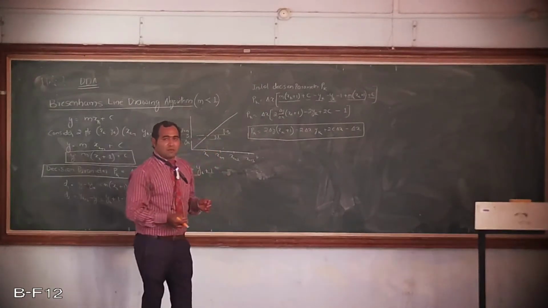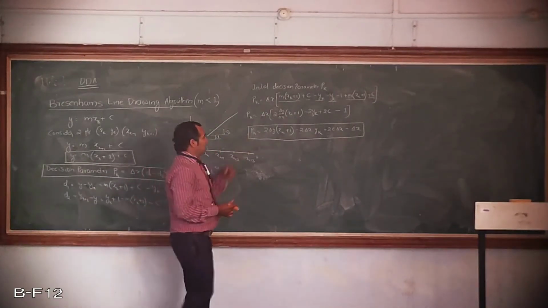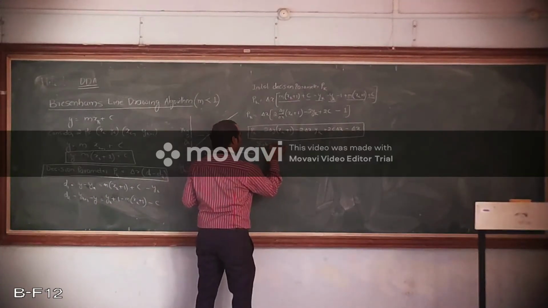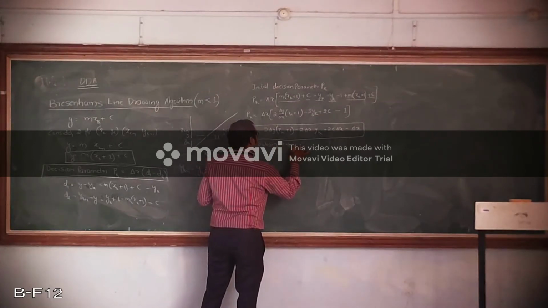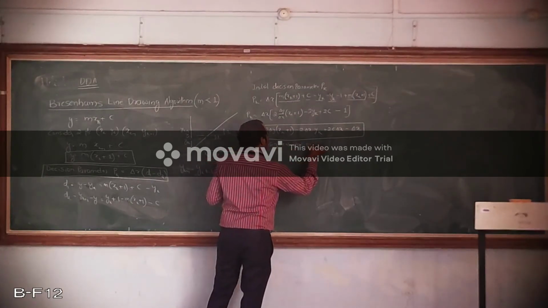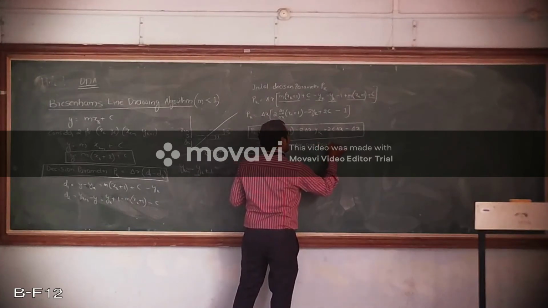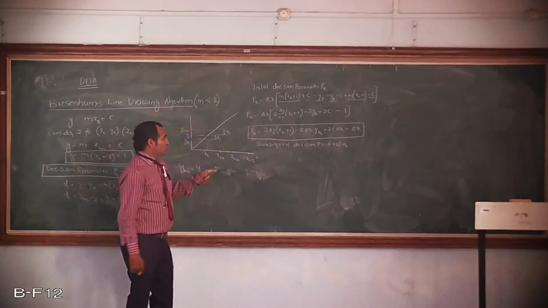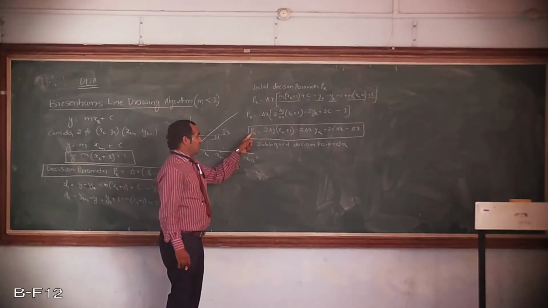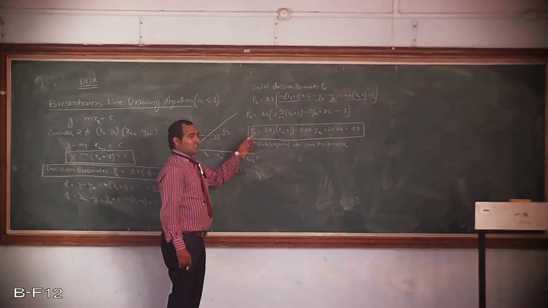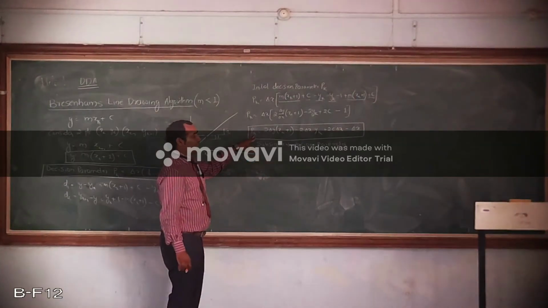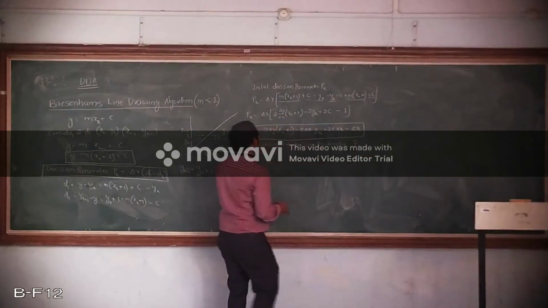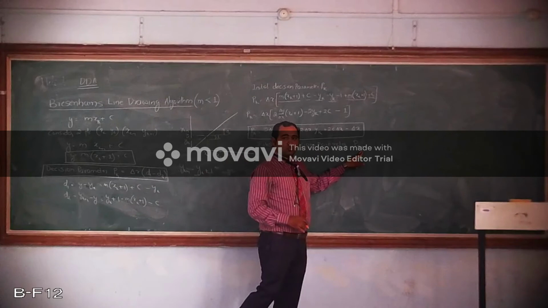It is calculated by using the concept: if pk is the initial decision parameter, then the next decision parameter will be pk plus 1.